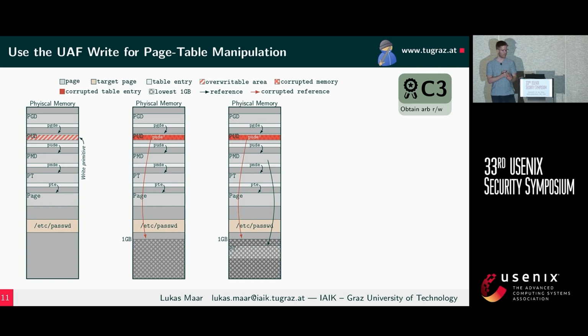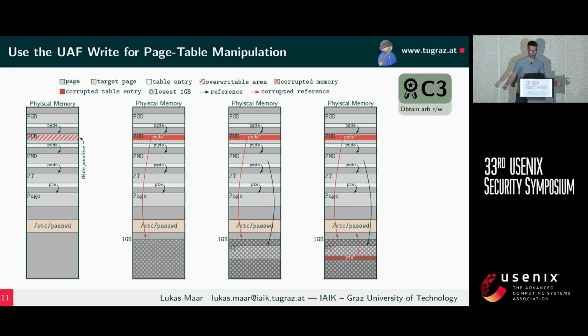The formerly corrupted page upper directory entry now allows us to overwrite entries of the newly allocated page table, the PD prime, which is exactly what our physical read-write primitive is, because via the page upper directory entry prime, we overwrite the page table entry and scan the entire physical memory to find, in our case, the targeted page for etc shadow, or etc passwd, and then we can overwrite this.